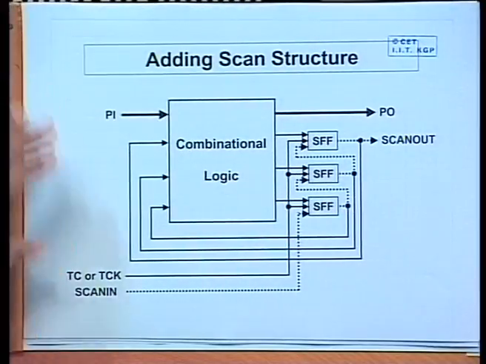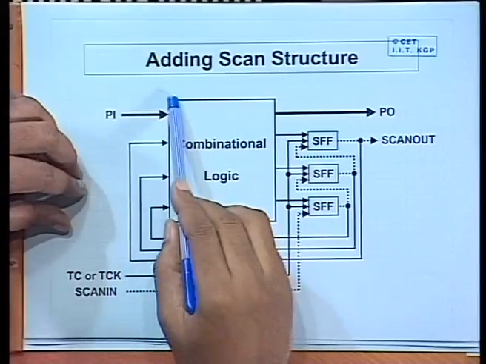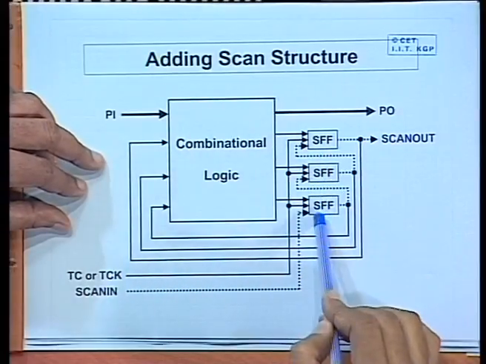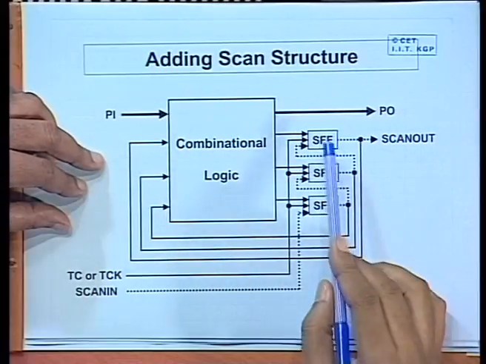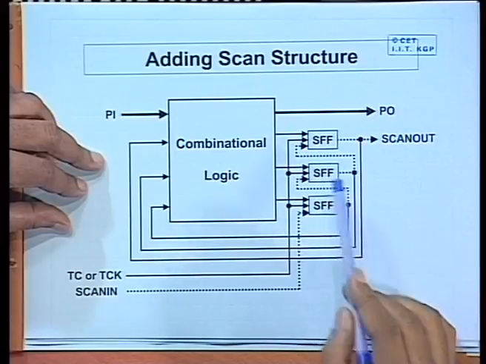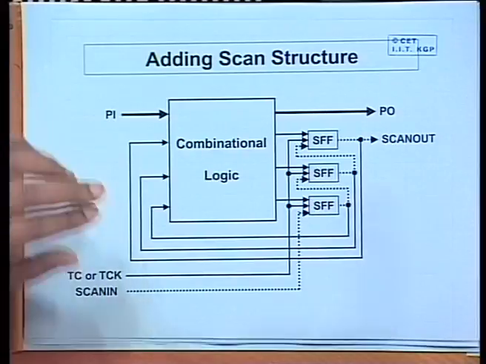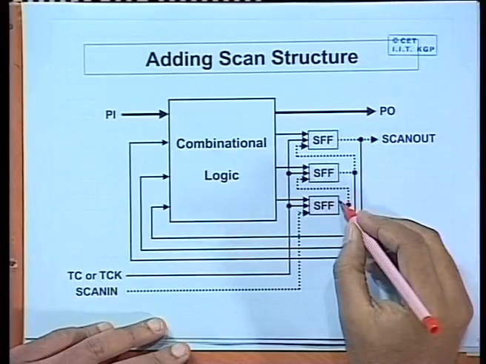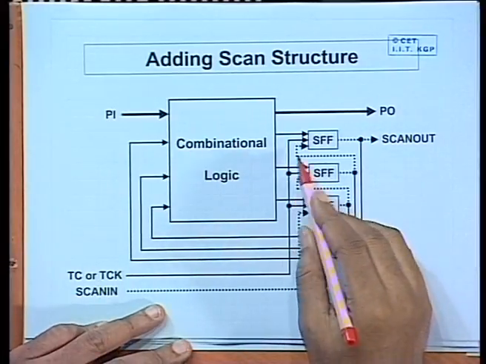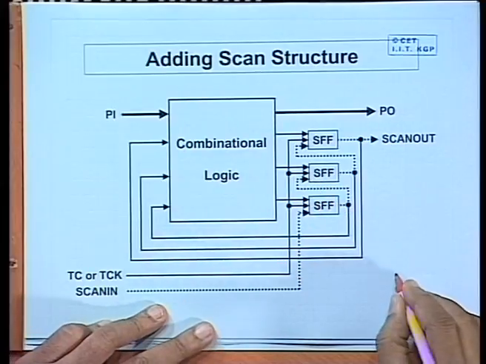The modification is done like this. Normally, we had combinational logic and some flip flops with feedback. Now, these flip flops have been converted into scan flip flops. In this diagram there are 3 inputs, in this order.